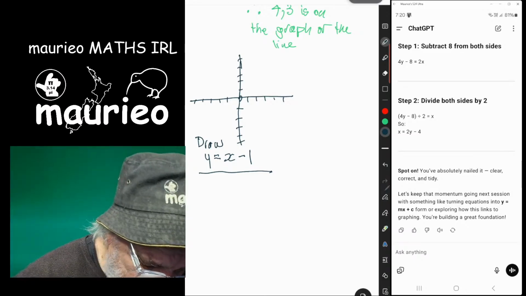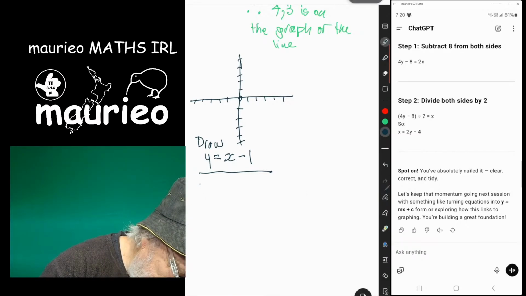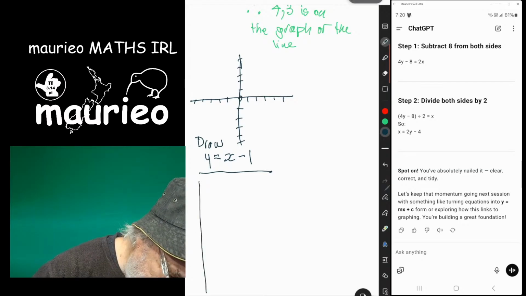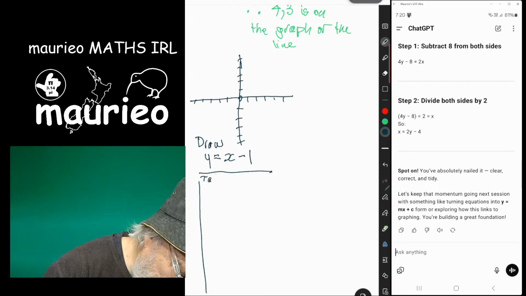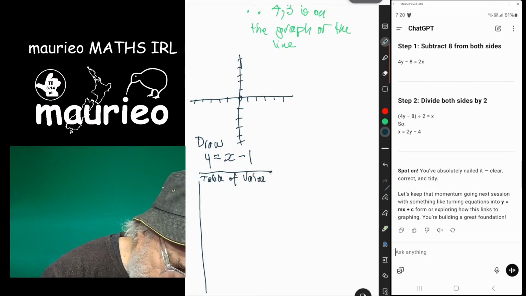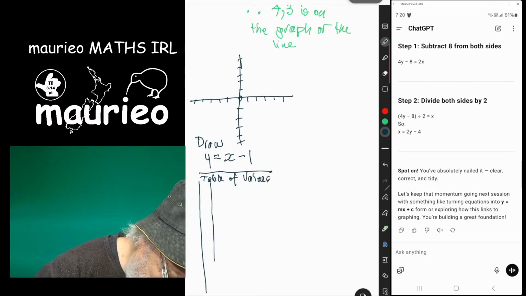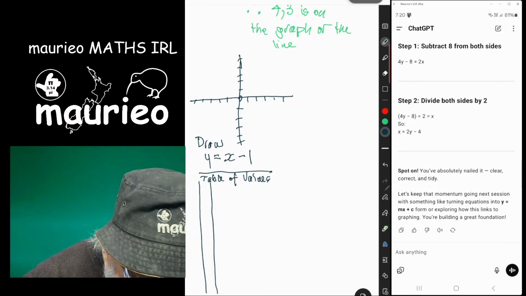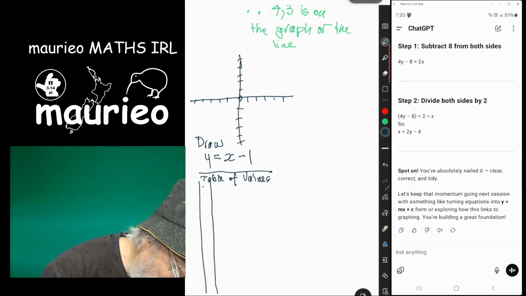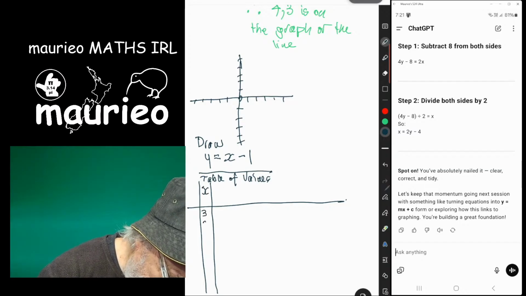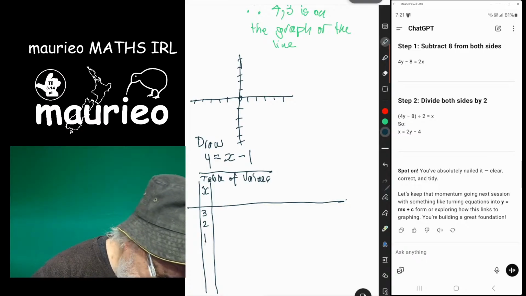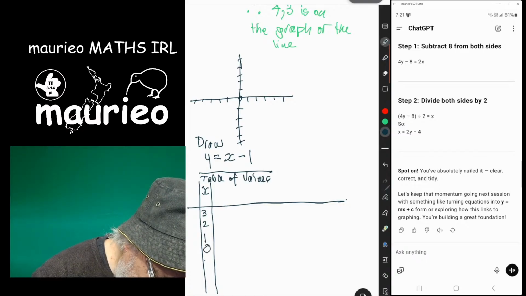Okay, so one of the things we do is we do what we call a table of values. I'm going to start here, so this will be the x value. So let's go 3, 2, 1, 0, negative 1, negative 2, negative 3.